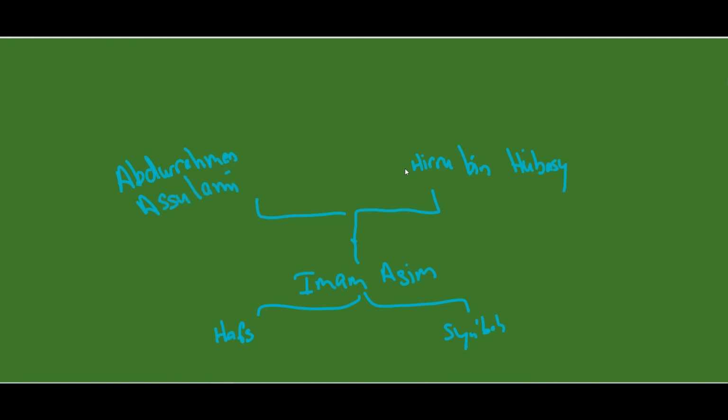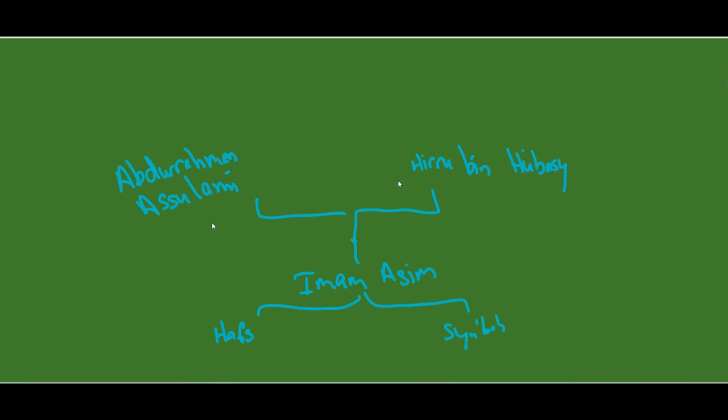I'm not sure about their names in Latin letters, because they might not be similar to the Arabic, but the pronunciation is correct. Zirr bin Hubaysh and Abdul Rahman As-Sulami.